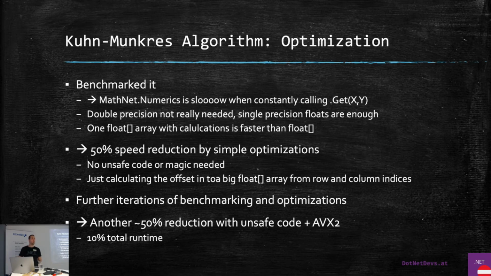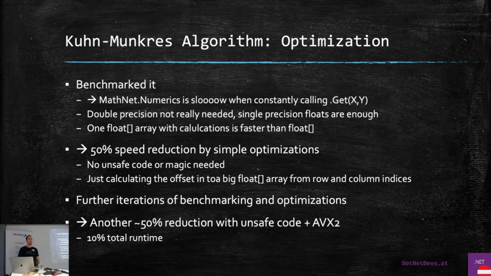If you use a single-dimensional array, or at least not an array of arrays, which I had before, this was very fast. Also calculating the index myself, I think it was a column major storage over a float array. And this turned out to be very fast, and it also already reduced the runtime cost by 50%.